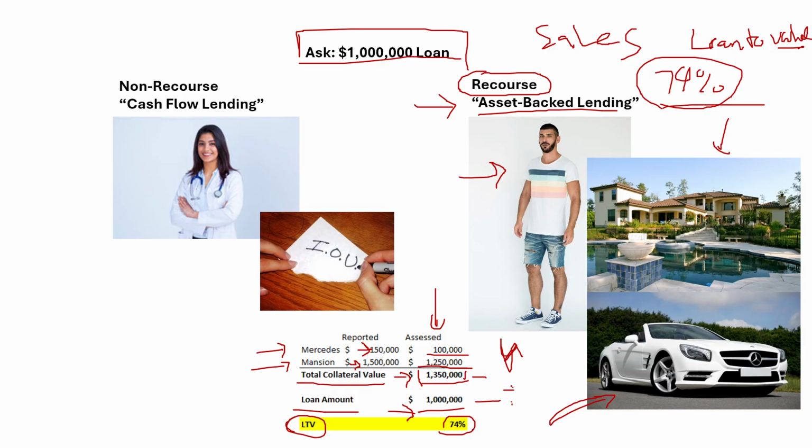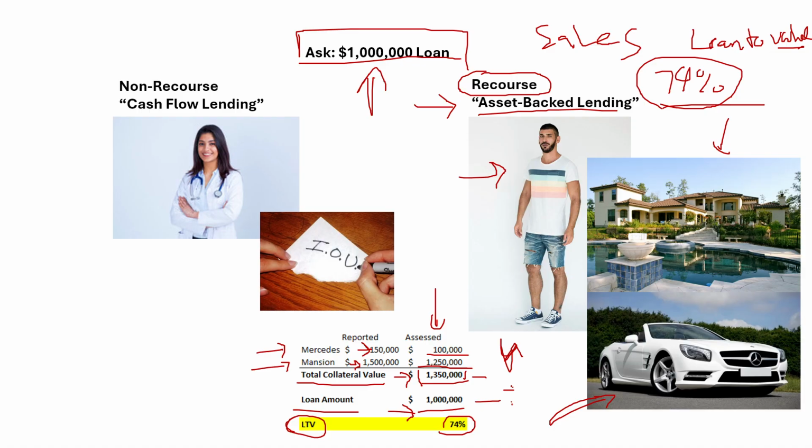The bank's primary assessment is based on how much collateral they have. We're confident in making the loan, not because their cash flows are very stable, but because they have a lot of assets that can support their loan. Even if they don't pay, we can take his assets and sell them and get our money back.